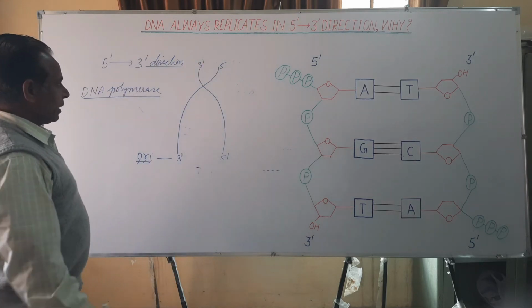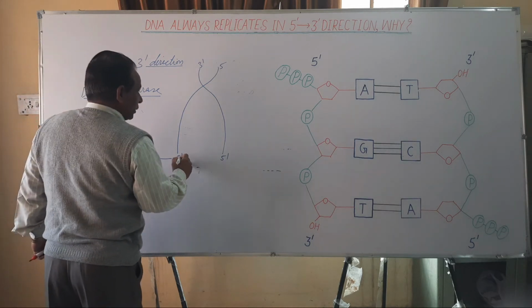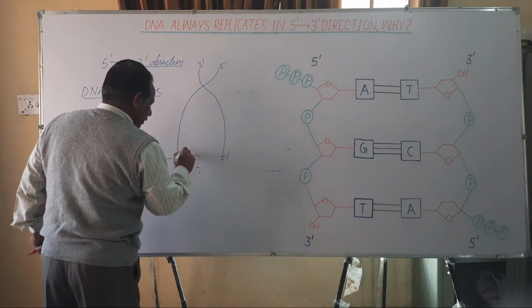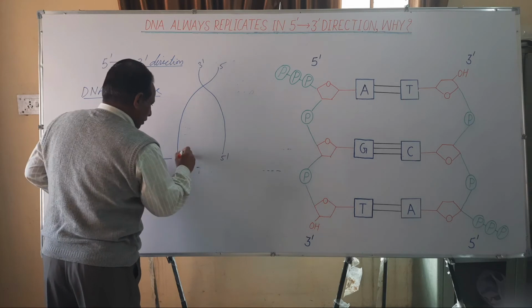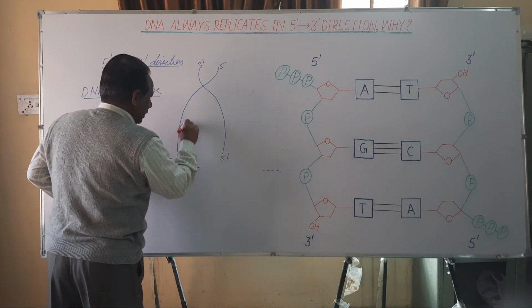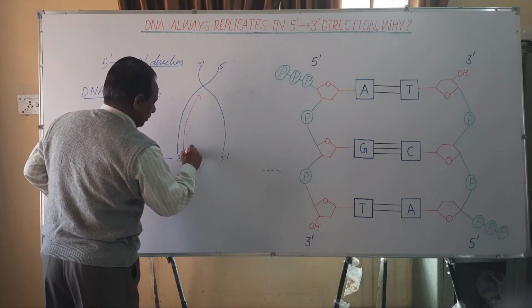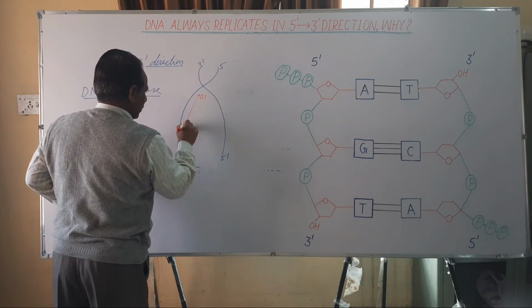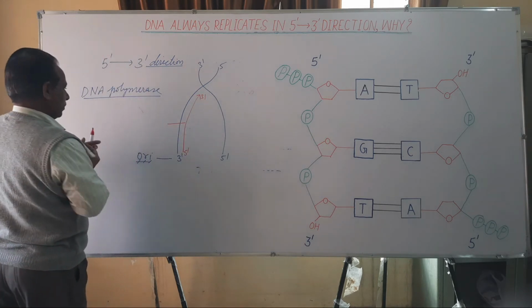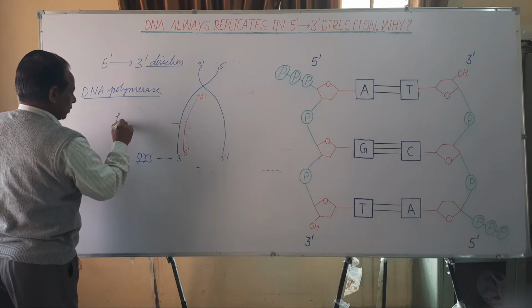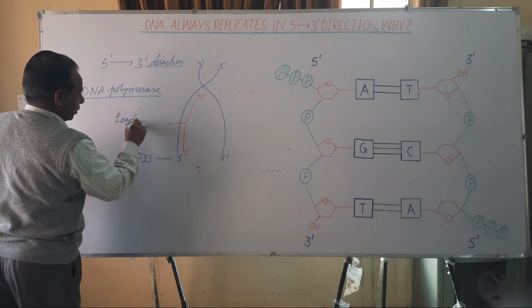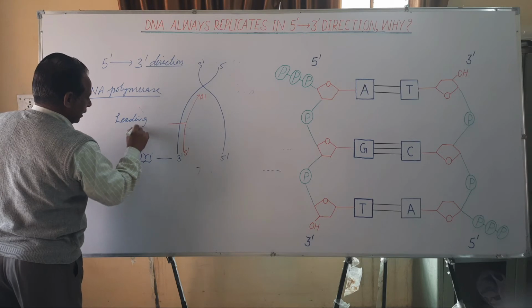The DNA strand which runs in 3' to 5' direction synthesizes the new complementary strand continuously in 5' to 3' direction, known as the leading strand.